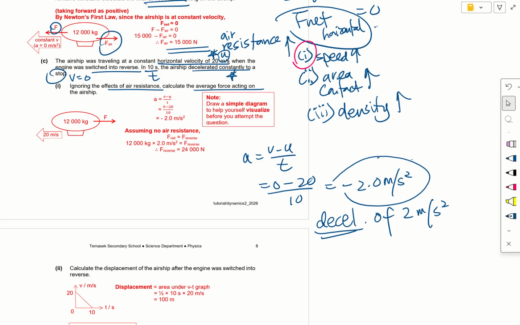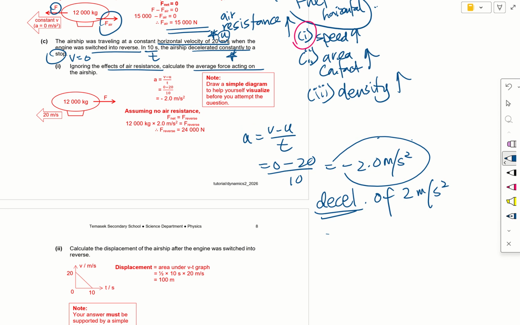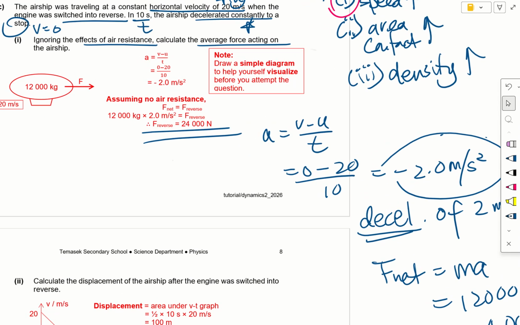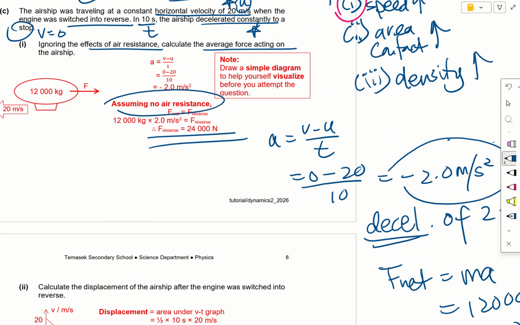So therefore my F net is equal to ma. The mass is 12000 multiplied by this 2, I will get 24,000 newtons. That means the reverse force is 24,000 newton because the question asks us to assume no air resistance.